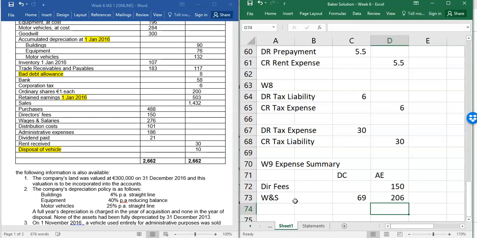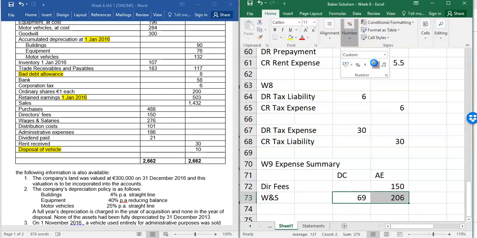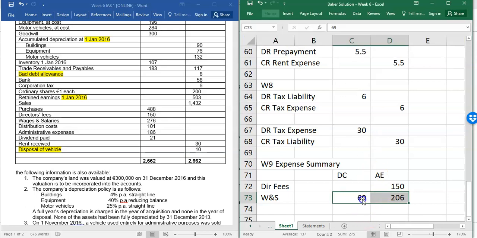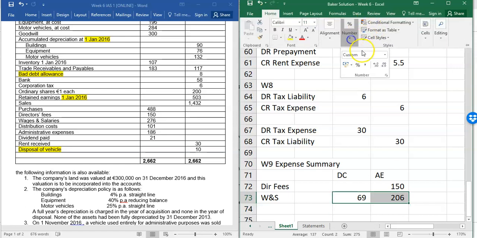And 207 goes to admin expenses. Now I think they might be rounded a small bit. 276 times 0.25. So I think they might be slightly rounded. So if you round them as well, that's fine.